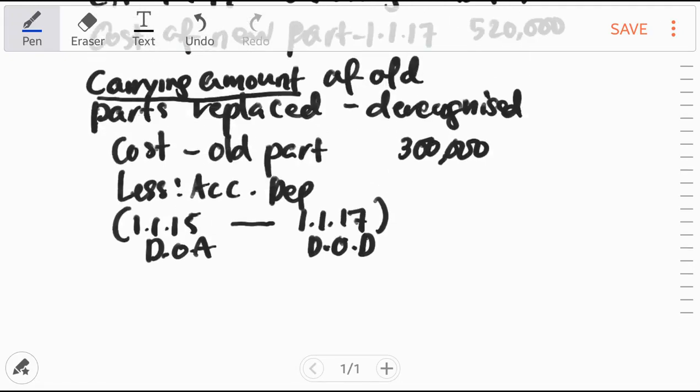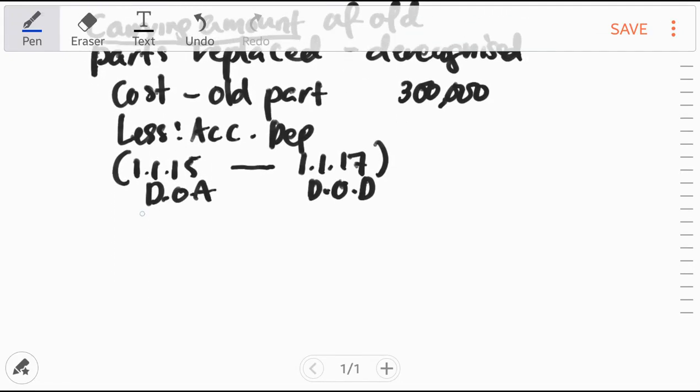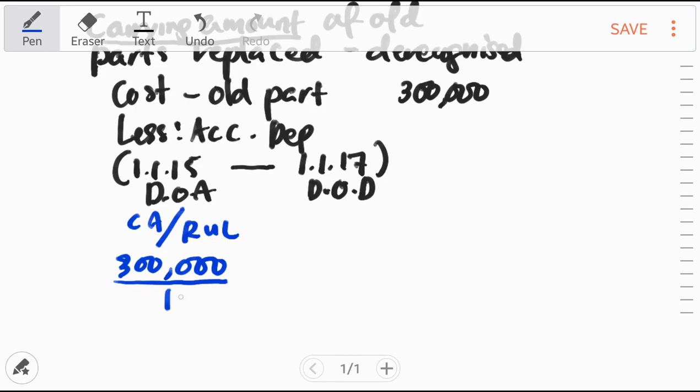So if that is the case, you take the carrying amount, you will divide by the estimated useful life. The carrying amount is still the cost, 300,000, divided by the estimated useful life.